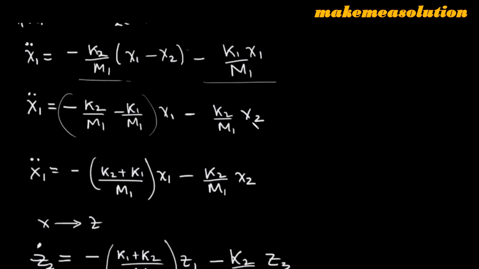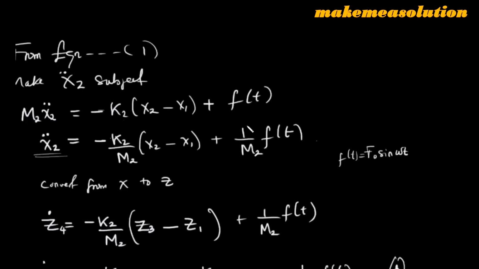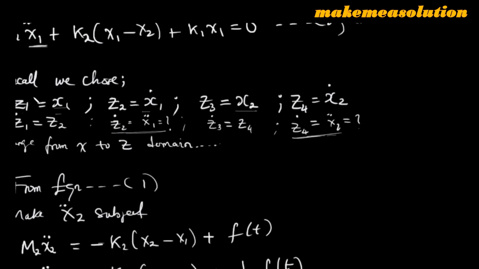We could use x, we could use q, we could use any letter. But the most important thing is to know how to do the transition, know how to assign your states. Our state is z1 representing the displacement and z2 representing the velocity of the mass m1, while z3 and z4 represent the velocity and displacement of the mass m2. So the state of this system we are tracking is the displacement and velocity of the two masses m1 and m2.